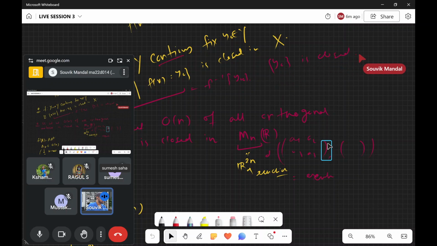If f is continuous, then the function is continuous, the inverse image of a singleton, which is always closed, is closed.